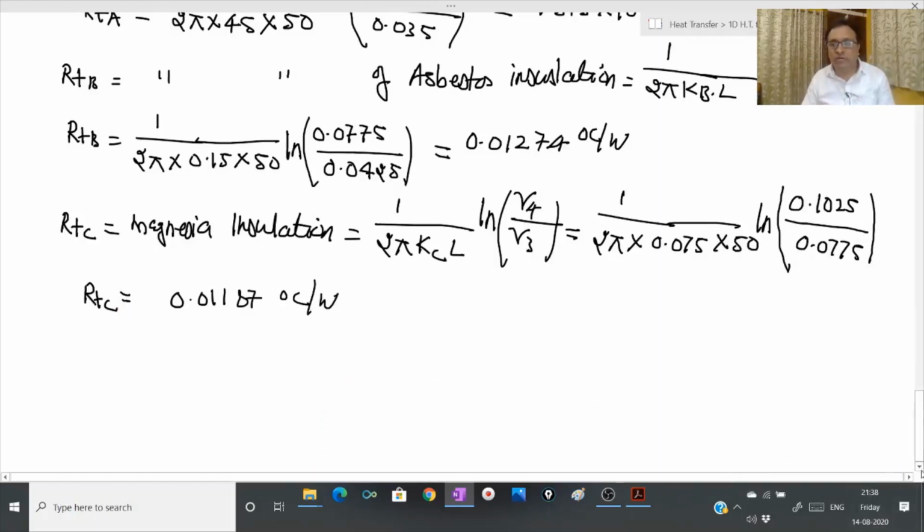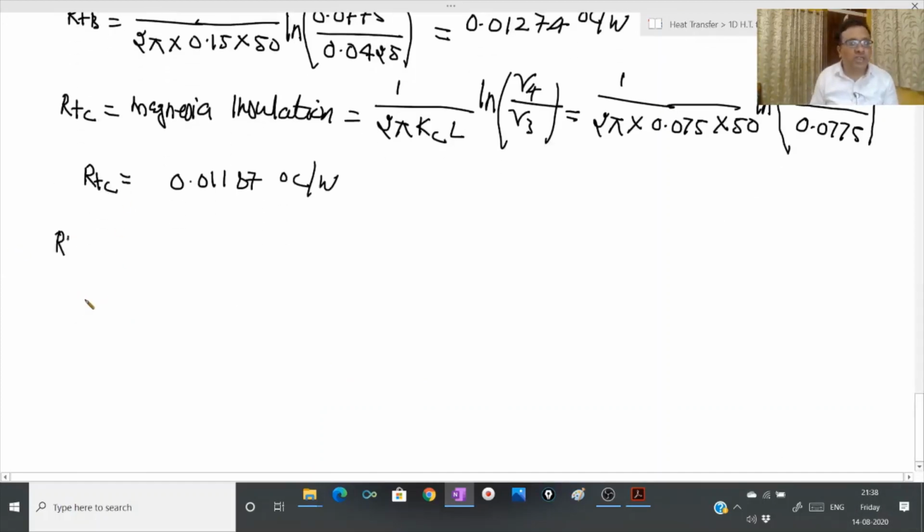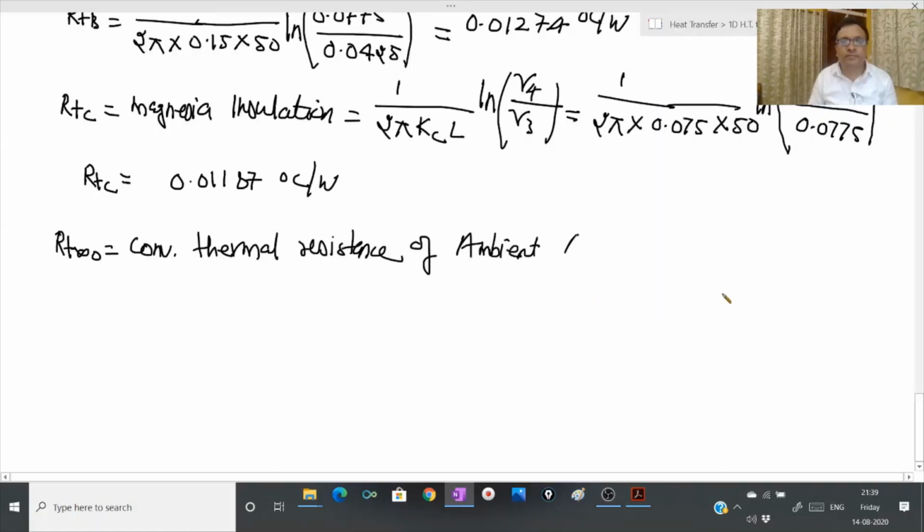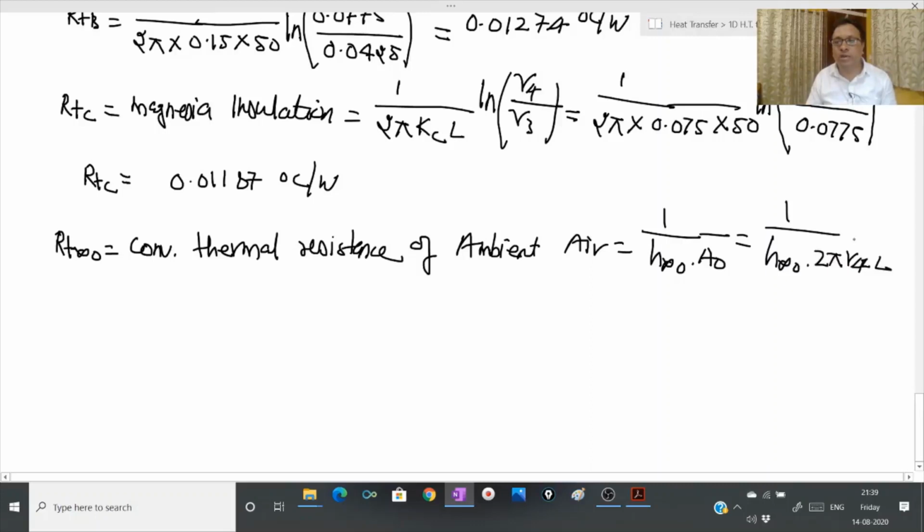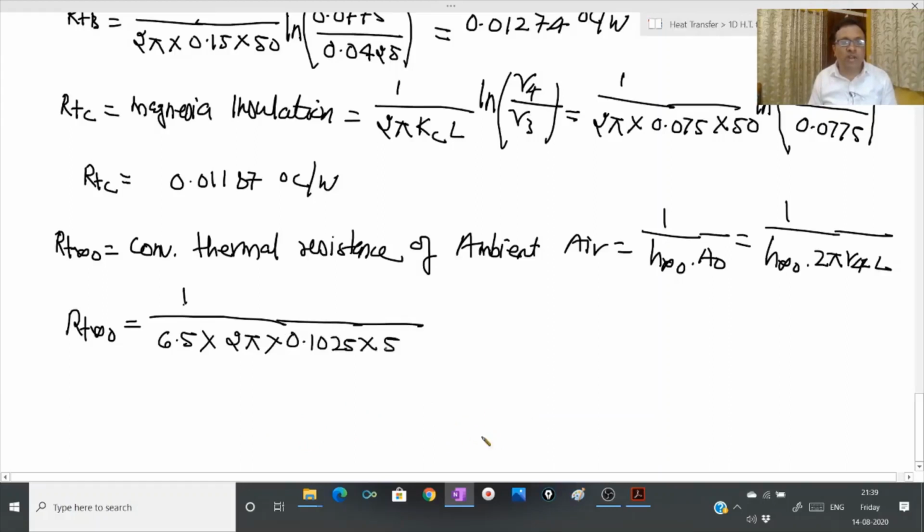And the last value of thermal resistance is RT infinity O, that is the convective thermal resistance of ambient air, and it is given by 1 over h infinity O into AO, equal to 1 over h infinity O into 2 pi R4 L. So putting the values of all these parameters, h infinity O is 6.5, 2 pi, the value of R4 is 0.1025 and the value of L is 50.